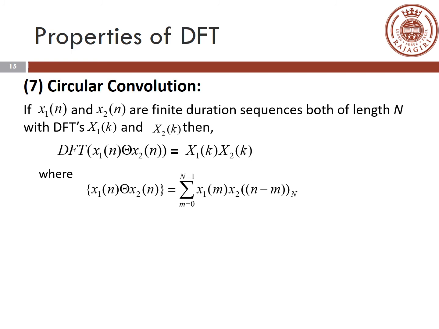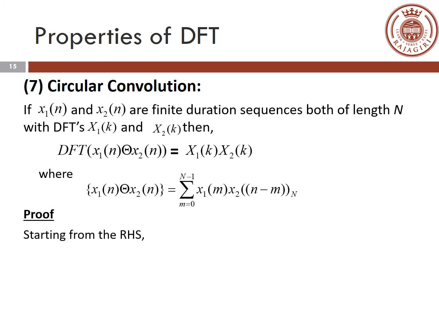I hope you understood the difference between linear and circular convolution. The limit changes, and the second signal is not linearly shifted, it is circularly shifted. So the sample doesn't go out of the frame, it just gets shifted circularly.